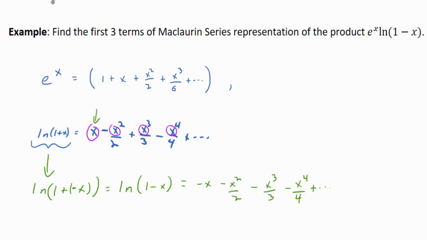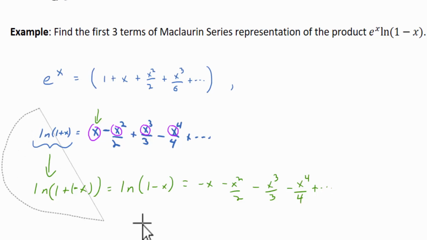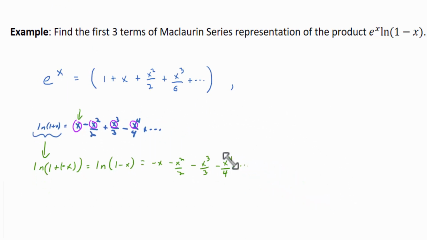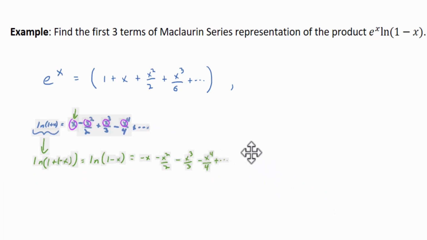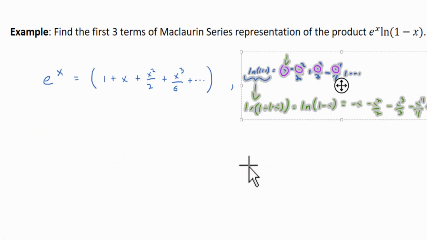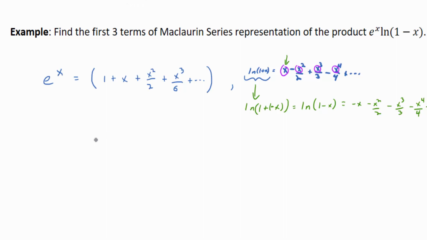Okay, so let me organize my thoughts here a little bit. We're going to take e to the x times the natural log of 1 minus x. It's really an estimate.